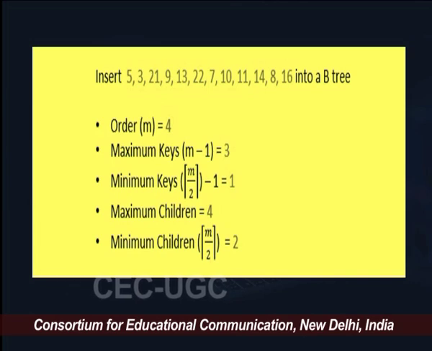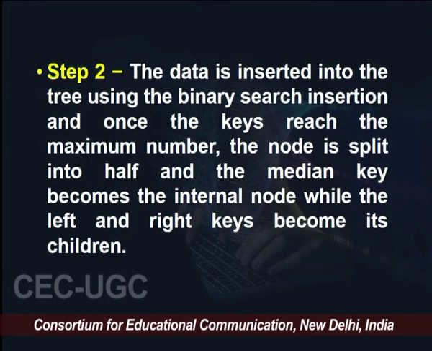We need to insert these into the B tree, and the calculation goes like this: we have order as 4. So because of order 4, the maximum number of keys is 3, minimum number of keys is 1, maximum children is 4 and minimum children is 2. Now let us see how this is happening.